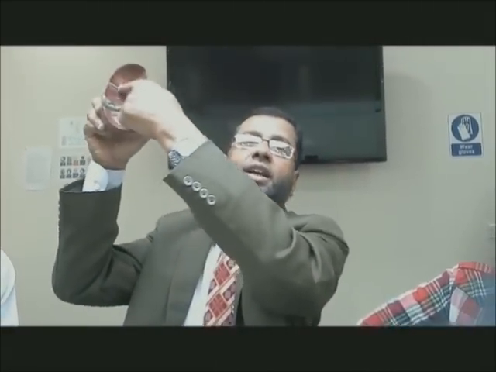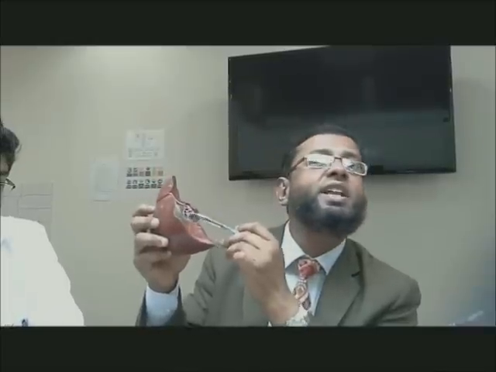Fundus of the gallbladder. Okay? But if we put a major cross, a big cross in this area, this is the porta hepatis. If I make a big cross like this, including the blood vessels, vein, artery, bile duct, all of these, this would be the porta hepatis.